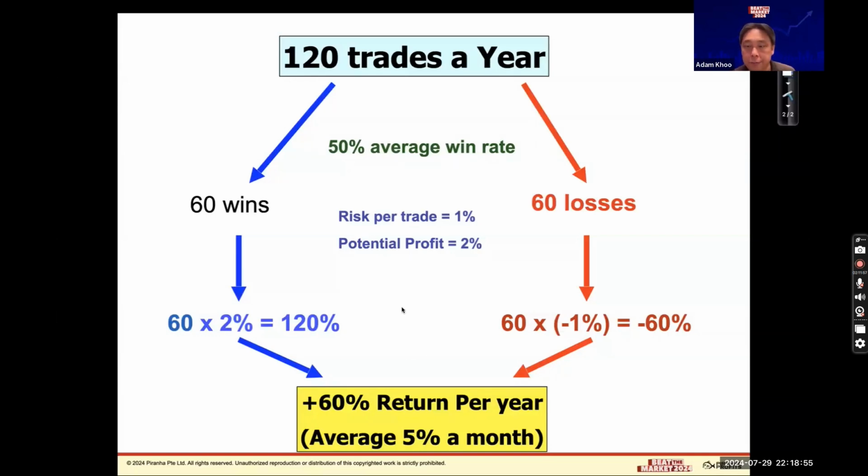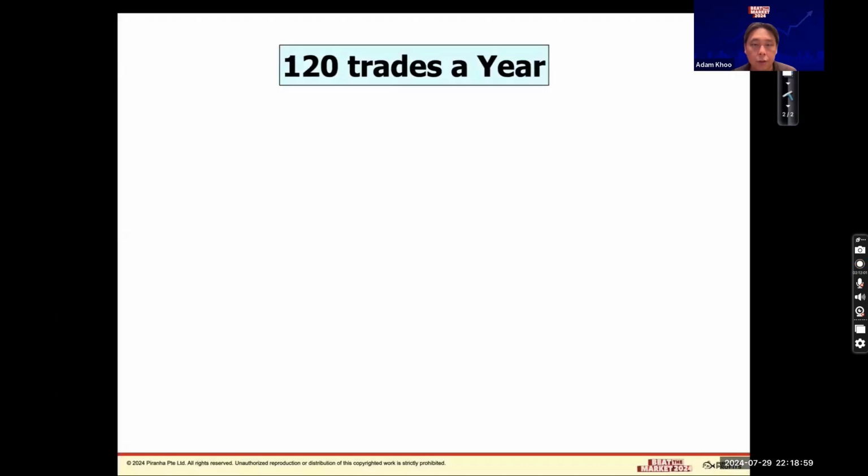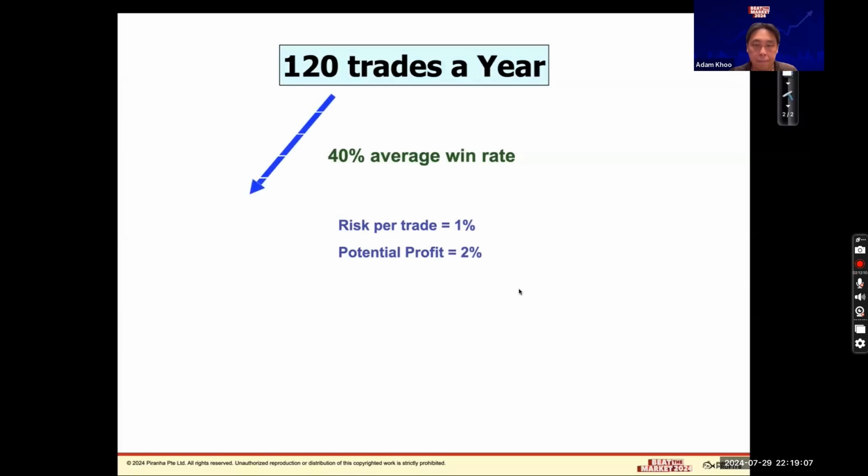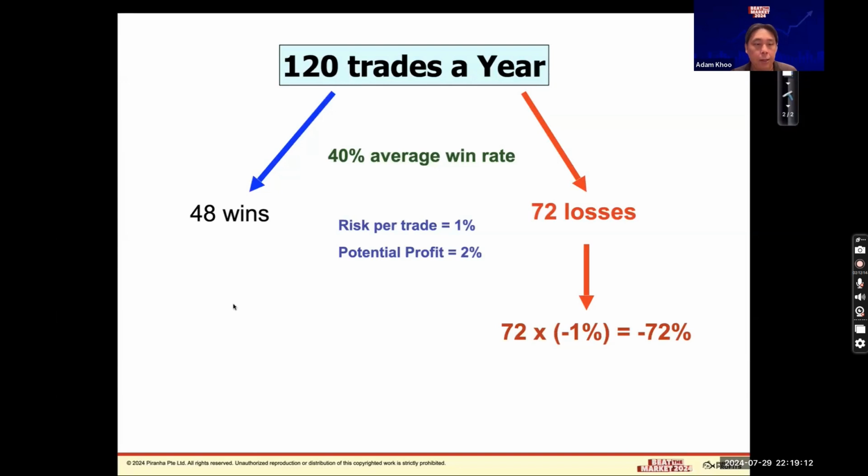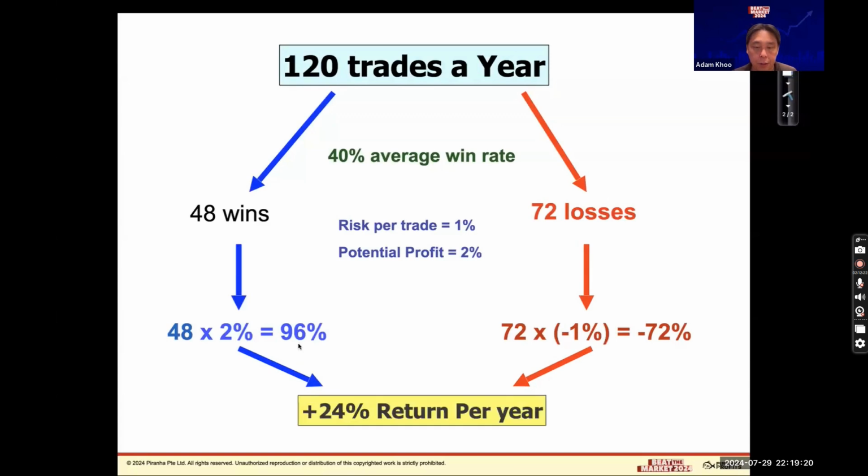Now, what if you only have a 40% win rate? Even if you're right only 40% of the time, but you follow the rules strictly, you follow the trading plan, you get 48 wins and 72 losses. Each time you lose your 1%, each time you win your 2%. Net, you're still making about 24% return.